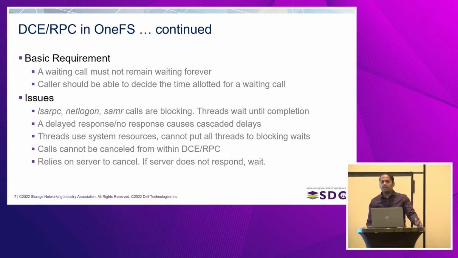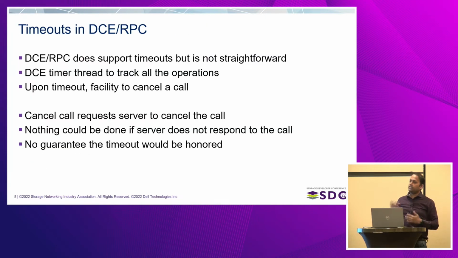Naturally, that heavily depends on the server. This will not work if the server is unresponsive or refuses to honor the request, which is what is happening in our case. As the next slide says, we did try to induce timeouts in DCRPC to see if we could have a solution inside DCRPC to make this work.